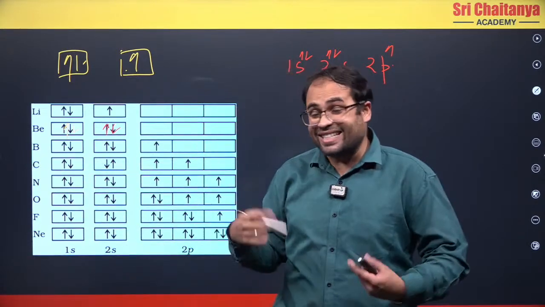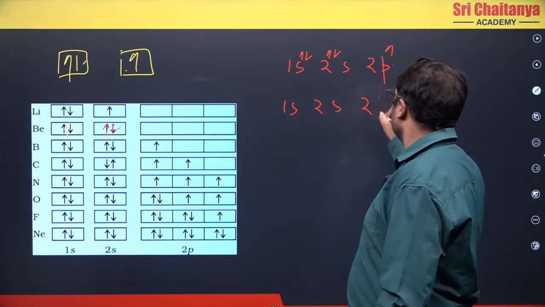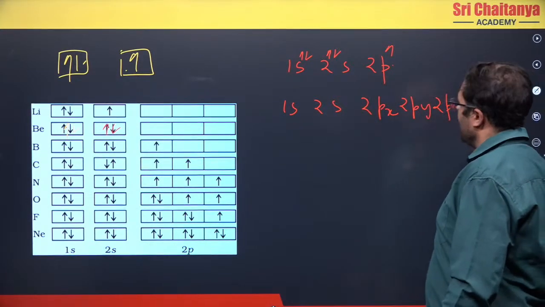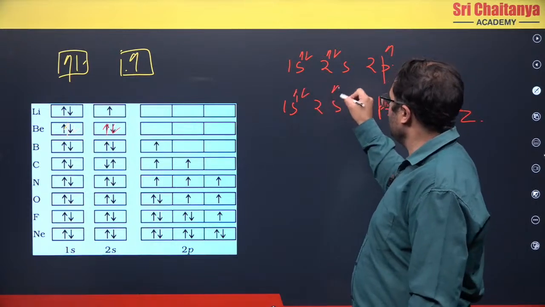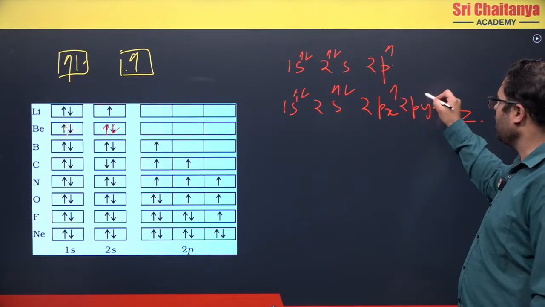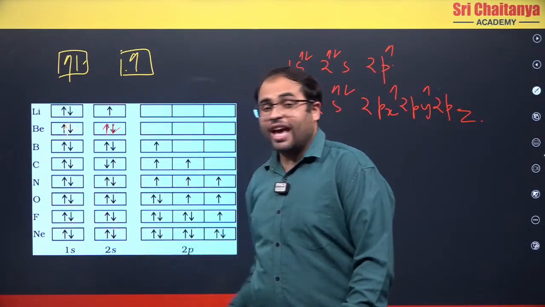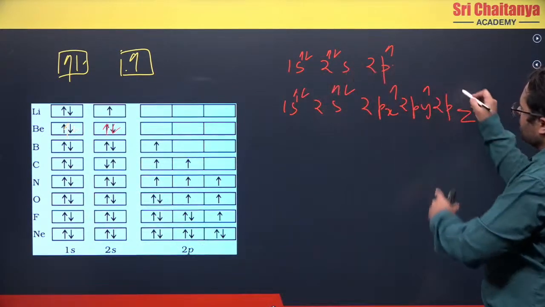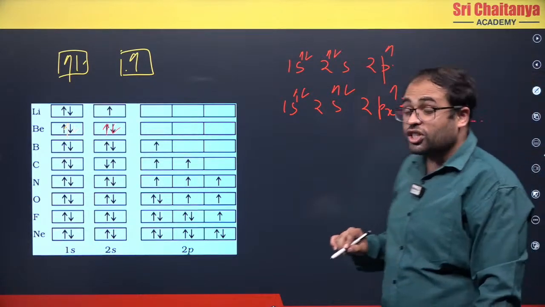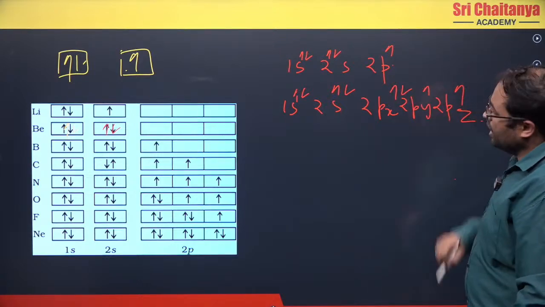Similarly, carbon has 6 electrons. Now 1s, 2s, 2px, 2py and 2pz. So 1, 2, 3, 4, 5 and 6. Nitrogen has 7. So 5, 6, 7. Right. Oxygen has 8. So 1, 2, 3, 4, 5, 6, 7, 8.